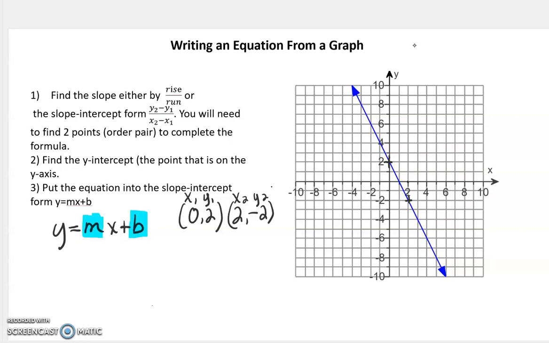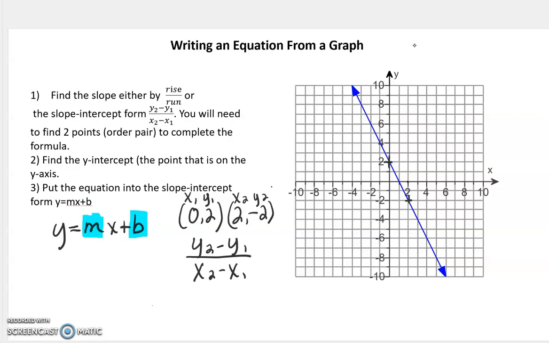Now I can go ahead and fill in my formula, which I know is y2 minus y1. In theory, you're supposed to say y sub 2, but for an easier way of identifying this, I'm just going to say y2, y1. And then that's going to be over x2 minus x1.